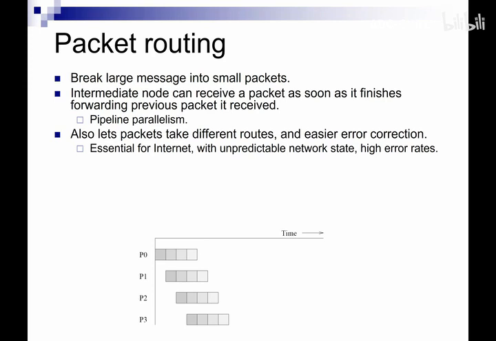This is going to improve overall performance. Another benefit is that we can do error correction on each of the packets instead of the entire message. This makes it easier to do the error correction and lets us tolerate higher error rates.